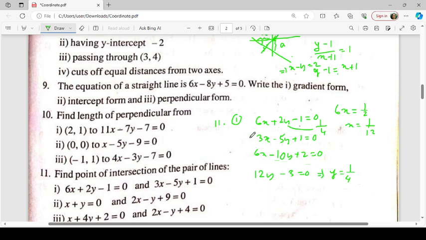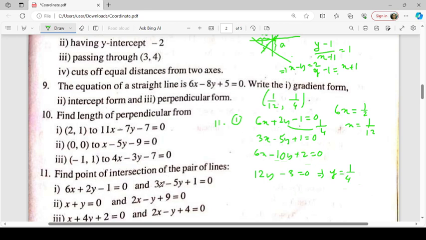So this point is 1 by 12 comma 1 by 4. We can check it. Here we put 1 by 12, it is half. Here we put 1 by 4, it is half. So half plus half is 1, so it is satisfied.